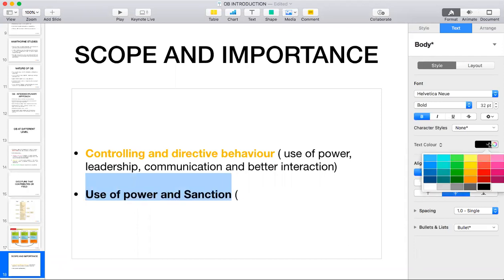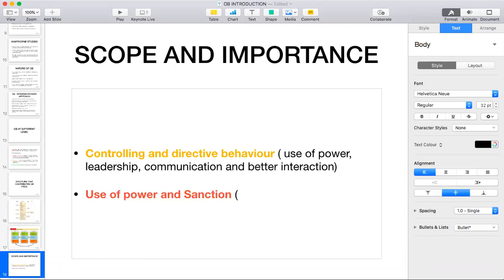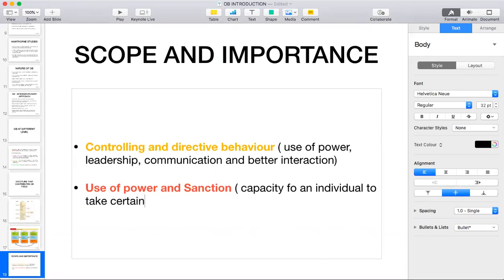When we talk about the use of power and sanction, as I told you already, it is basically the capacity of an individual to take certain action. Let's take a very simple example.